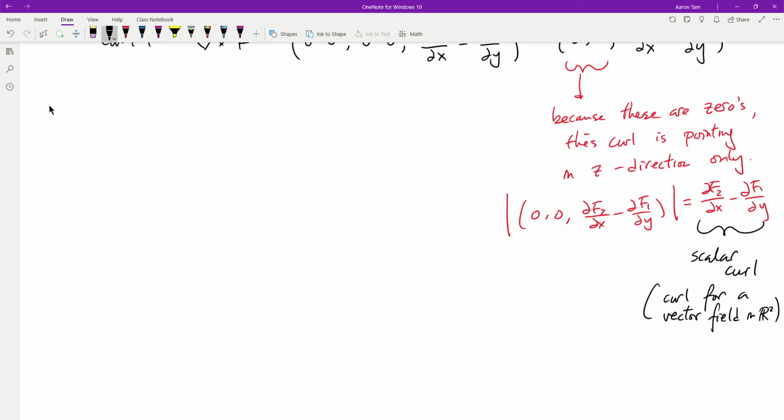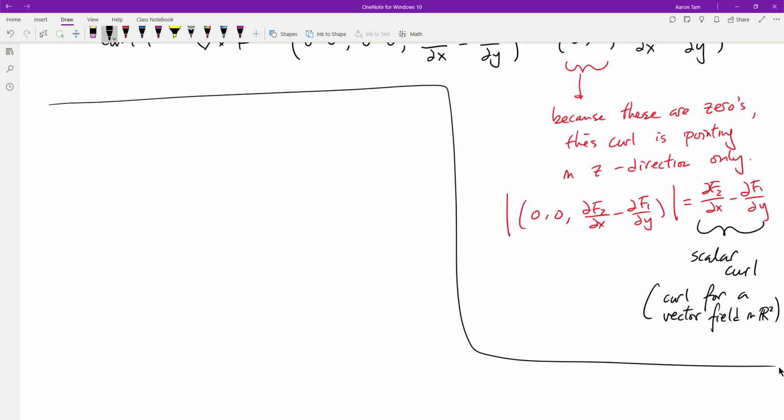How to calculate a scalar curl is actually the exact same way as you normally would do, but you present it as a scalar instead of as a vector with two 0s in front. So let's say we have vector f of x, y equal to negative x plus y, negative x minus y.